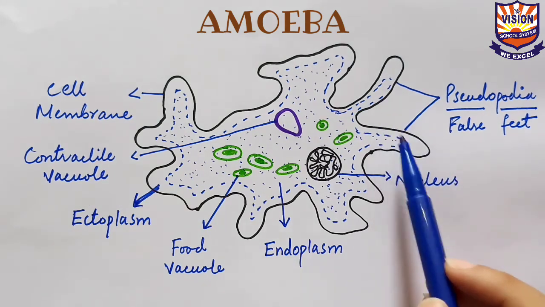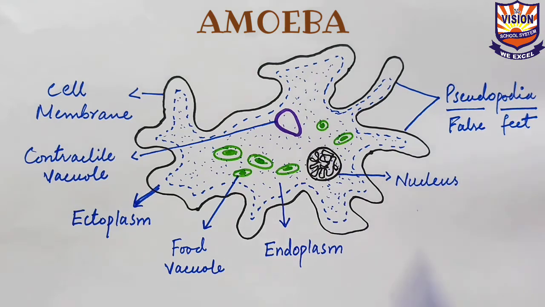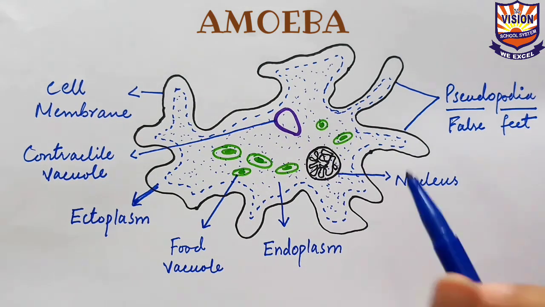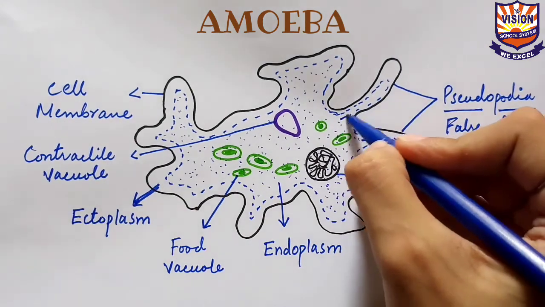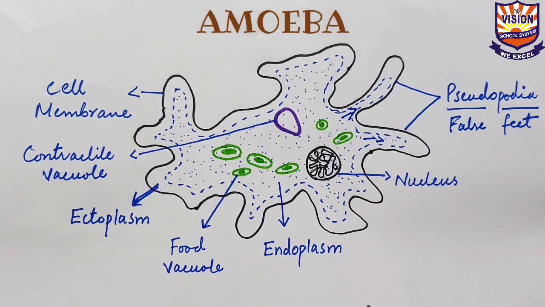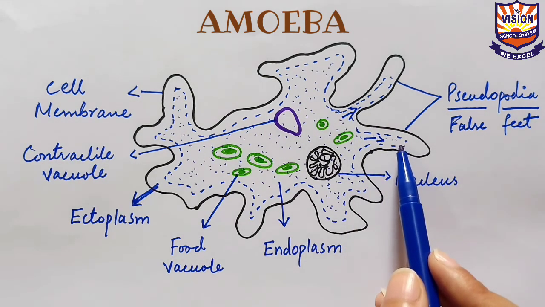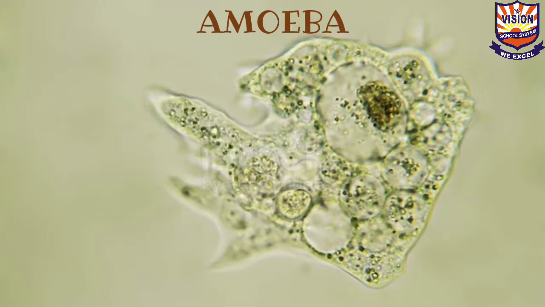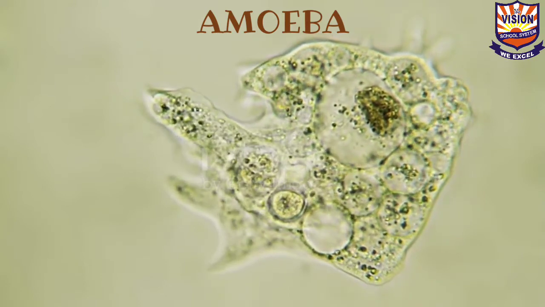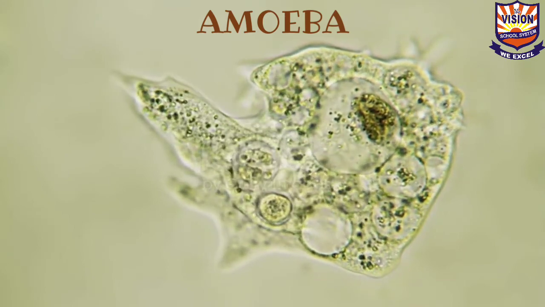Because these feet are not permanent. They only form when the amoeba wants to move. If the amoeba wants to move here, for example, the cytoplasm starts moving in this direction, and as a result, false finger-like projections are formed. As you can see in this video, the cytoplasm is moving and forming a finger-like projection called pseudopodia.